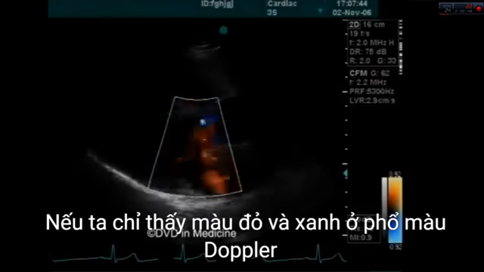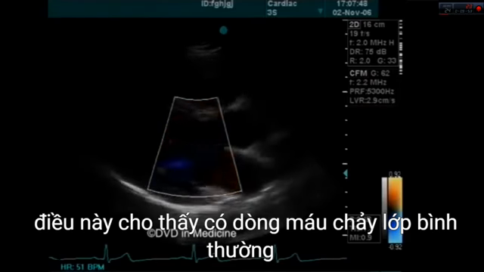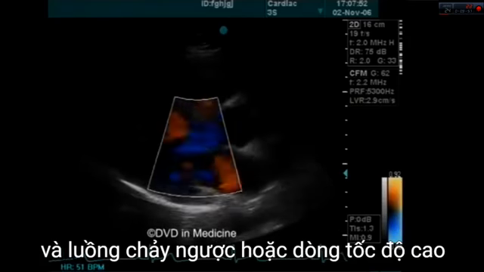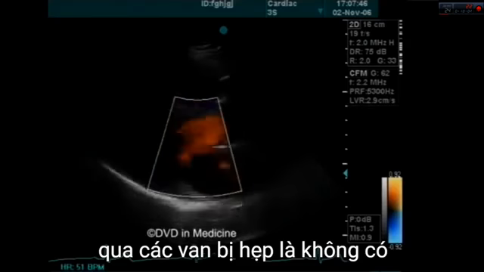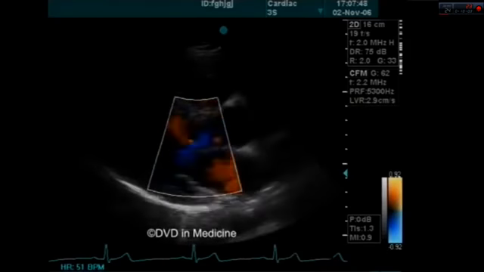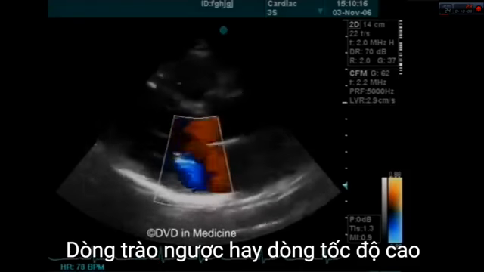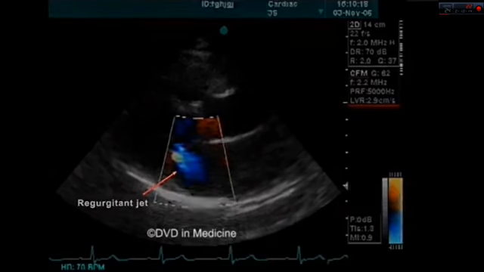If one sees only red and blue colors in the Doppler's color sector, this indicates that only normal laminar blood flow is present and that regurgitant jets, or high-velocity flows, through the stenosed valves are absent. Regurgitant jets, or turbulent high-velocity blood flows, will be represented by a green color or a bright mosaic of colors.